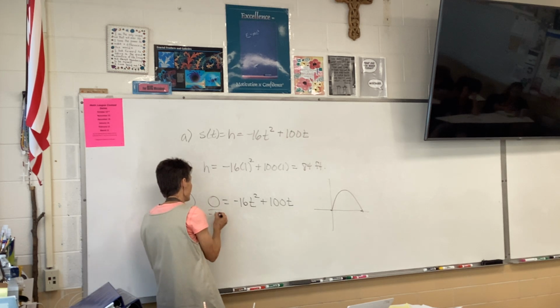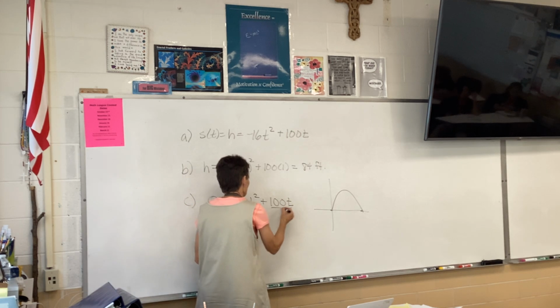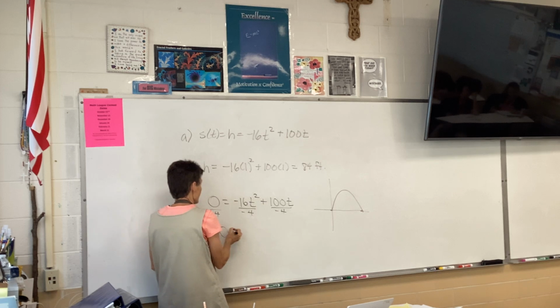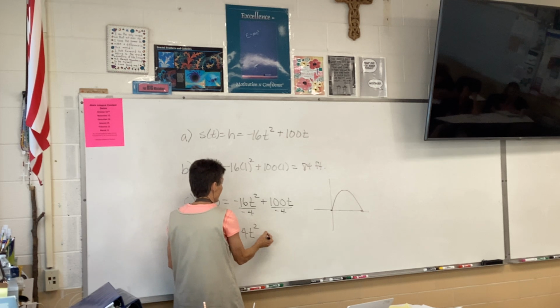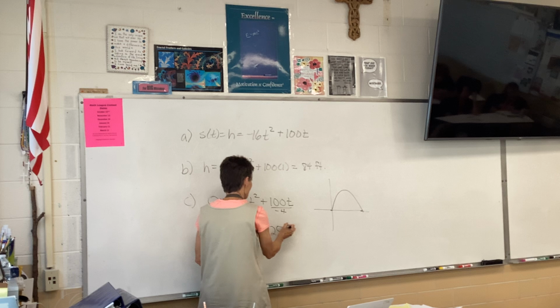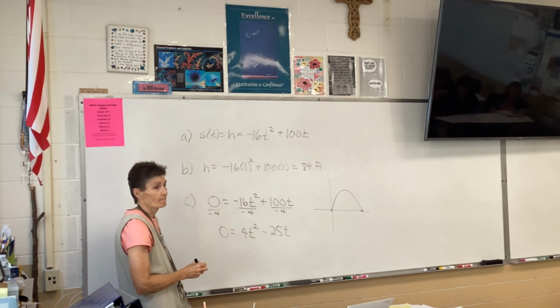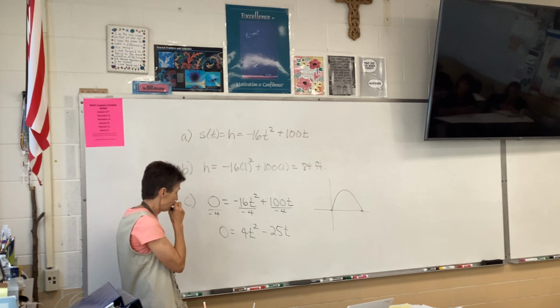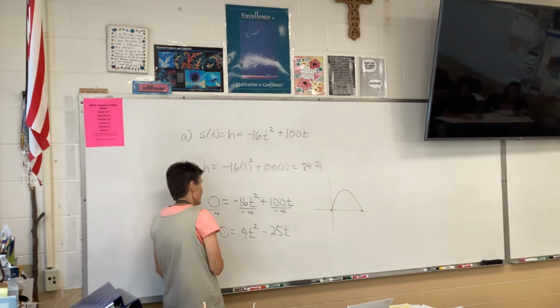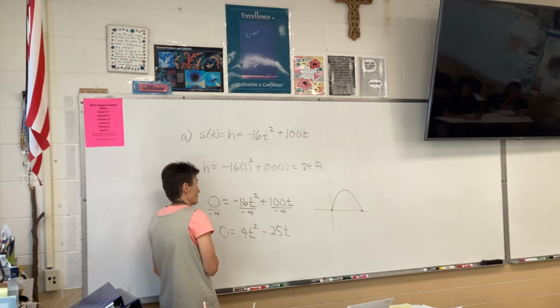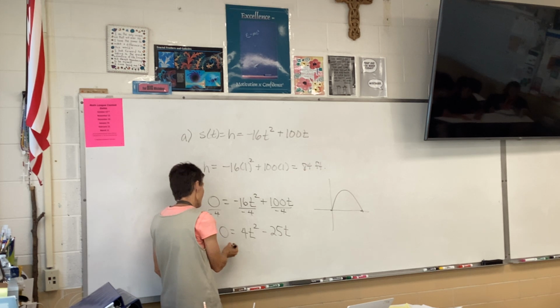I'm going to go ahead and divide by -4, this is just how I do these. So 0 equals 4t squared minus 25t. So you can graph it. You can use the quadratic formula.